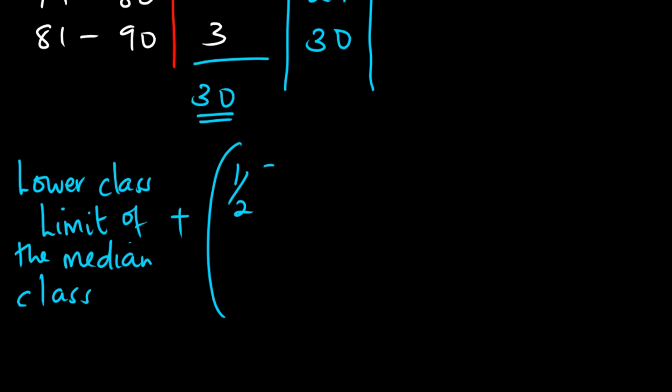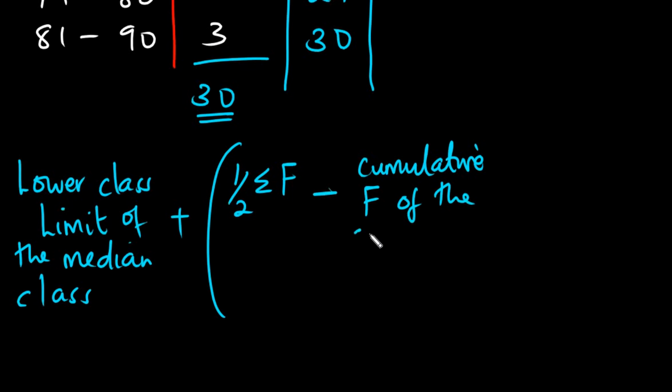Let me write this way. A half of the summation of the frequency, and then minus the cumulative frequency of the class preceding the median class.